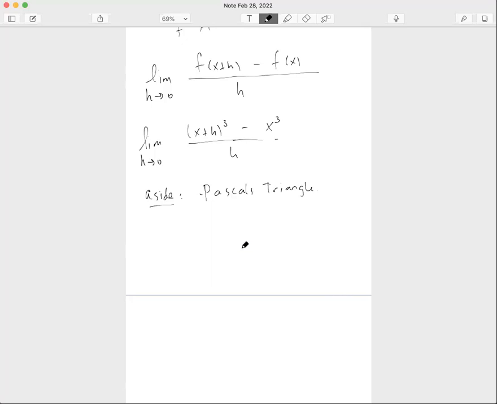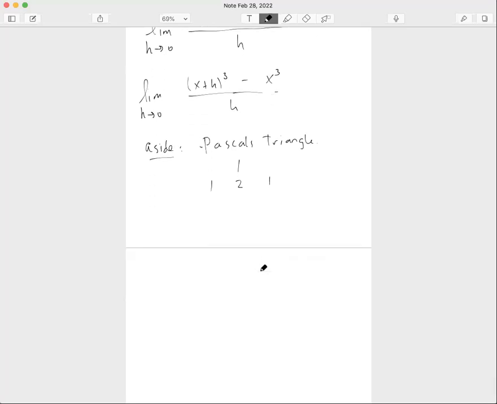I'll do the first line. Has anyone seen this before for the binomial theorem? So what would the next line be? 1 3 3 1.